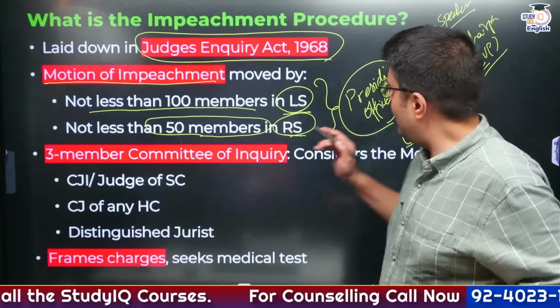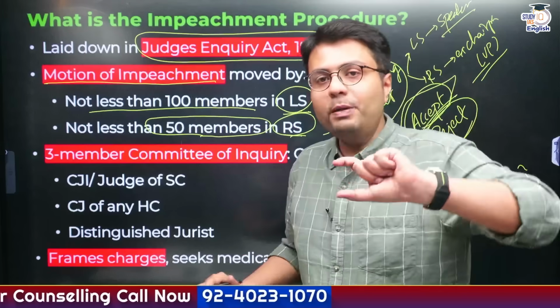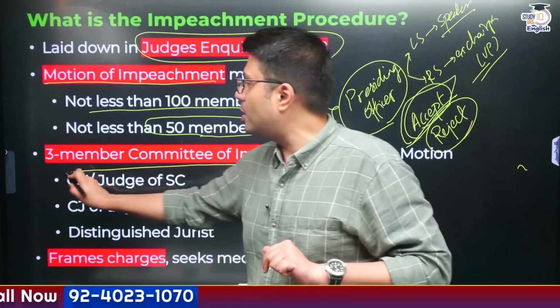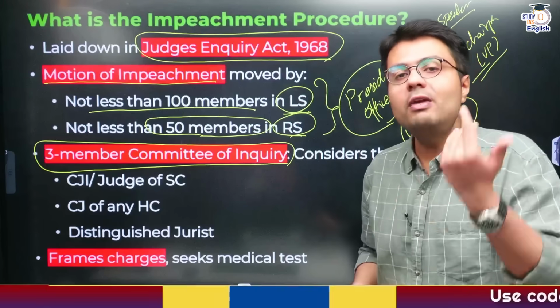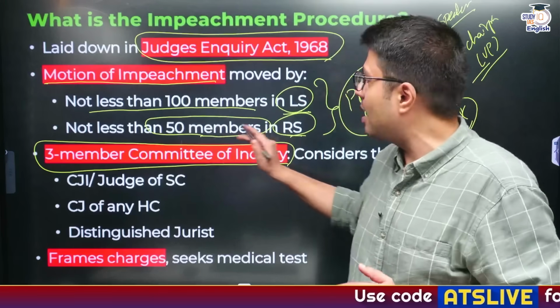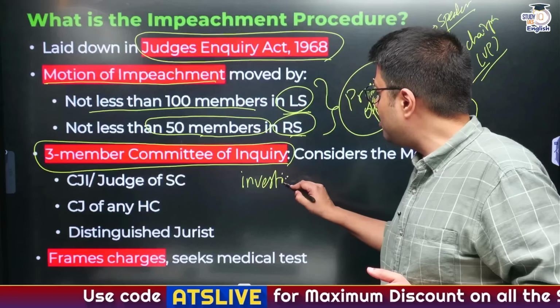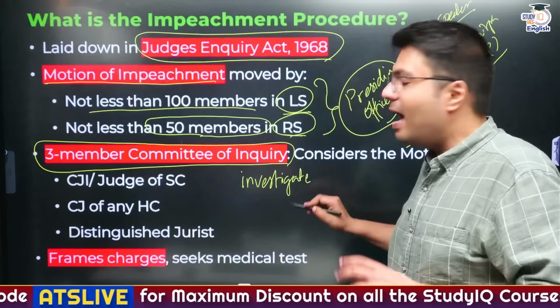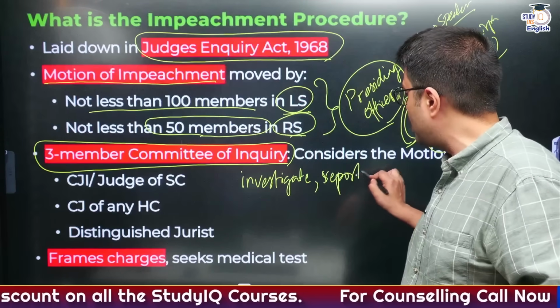Now, suppose it is accepted by the presiding officer, then that presiding officer constitutes what is known as a 3-member committee of inquiry. It is the role and responsibility of this 3-member committee of inquiry to investigate the allegation that has been levied on the judge and submit a report to the presiding officer of the house.